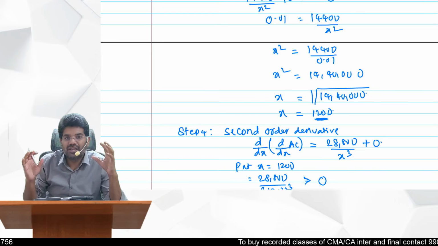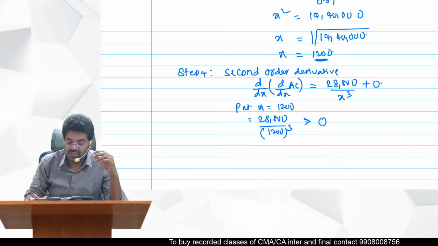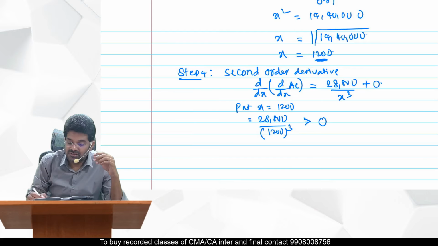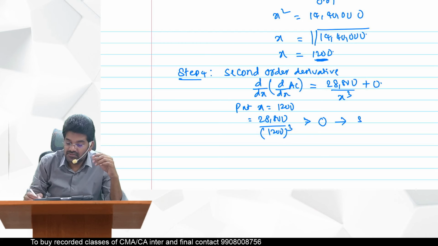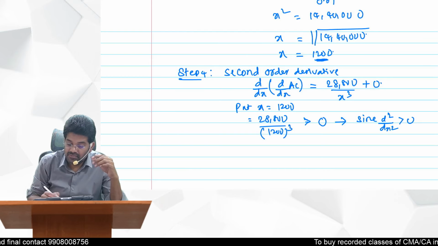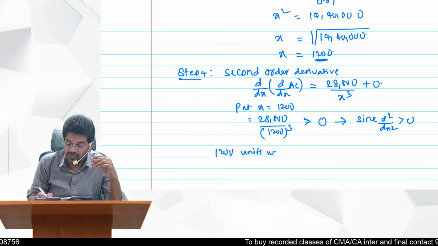If you produce 1200 units, your cost will be minimum. That is the answer. Since d square by dx square is greater than 0, 1200 units will minimize total cost.